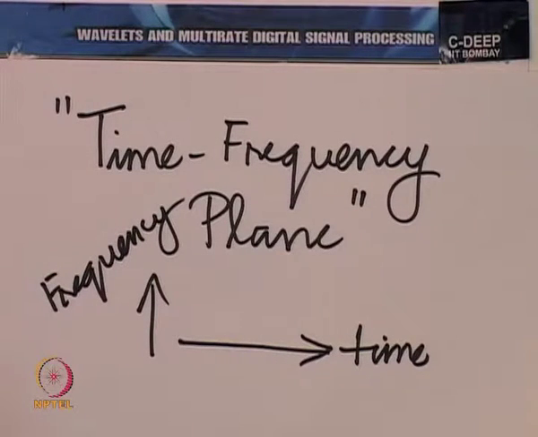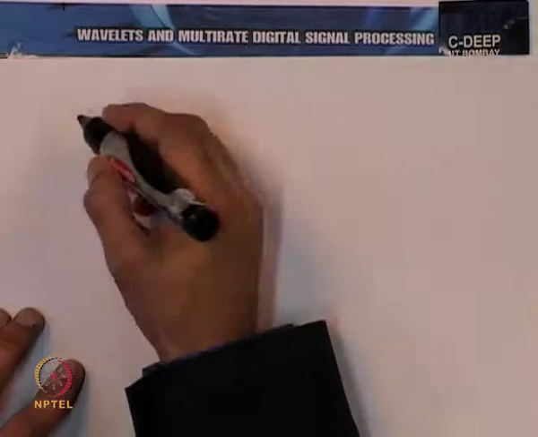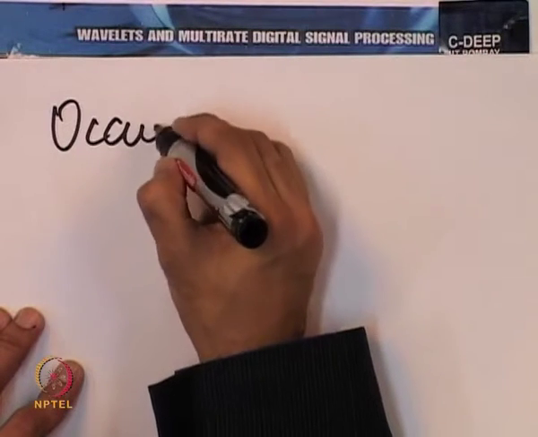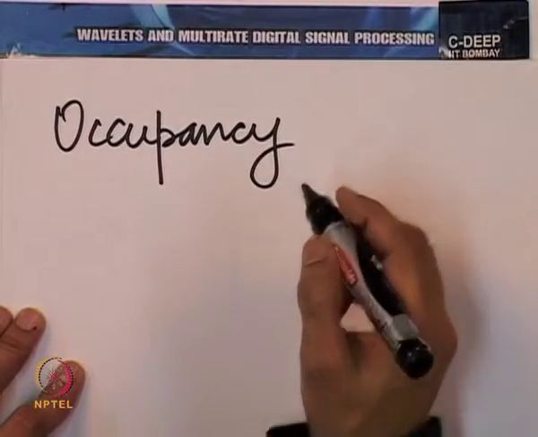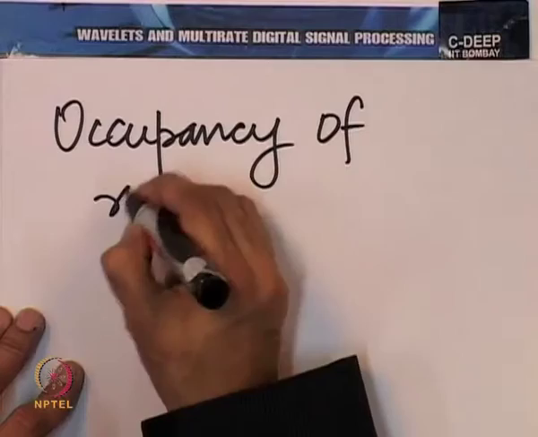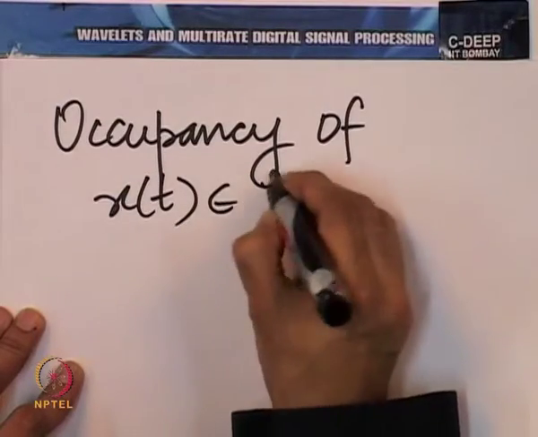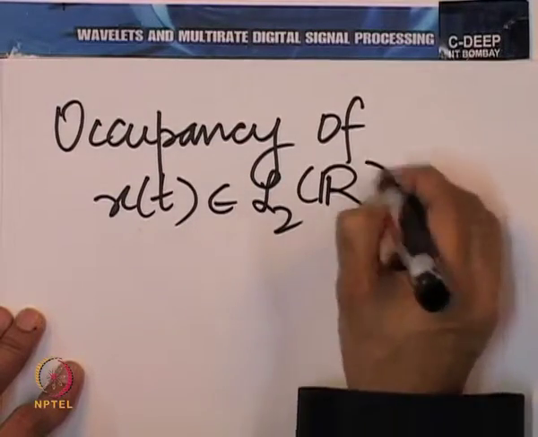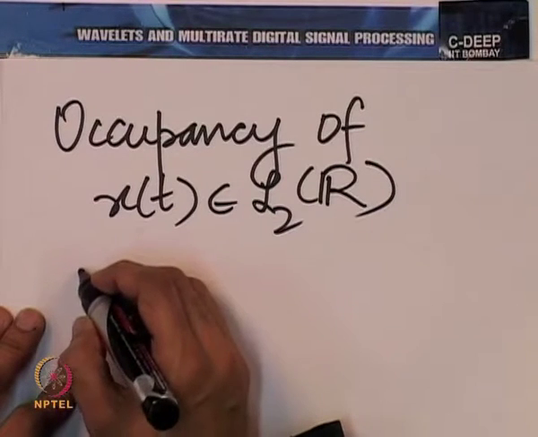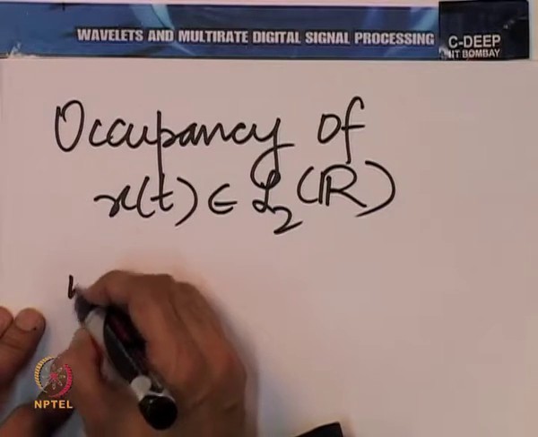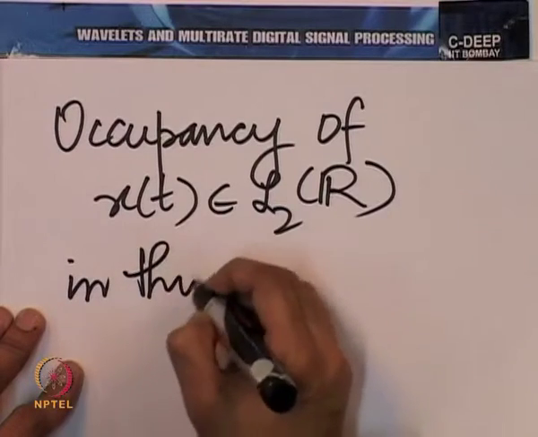And therefore, what the uncertainty principle says is that if you wish to describe the occupancy of a function in this plane, you can think of each function in L to R, we can think of the occupancy of x t in this time frequency plane.